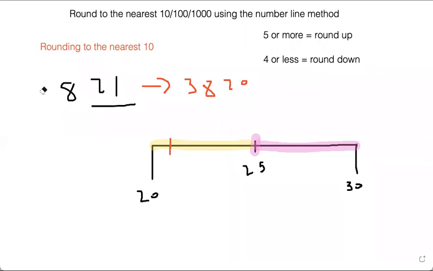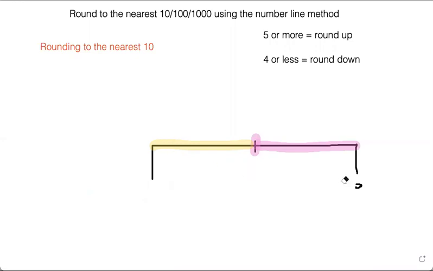Rounding to the nearest 100 and 1000 is exactly the same method, except you're just using 3-digit numbers or 4-digit numbers. So let's have a look at rounding to the nearest 100. We have the number 376. Now, previously we said which tens is it in between. We're rounding to the nearest 100 now, so we're focusing on all of them.